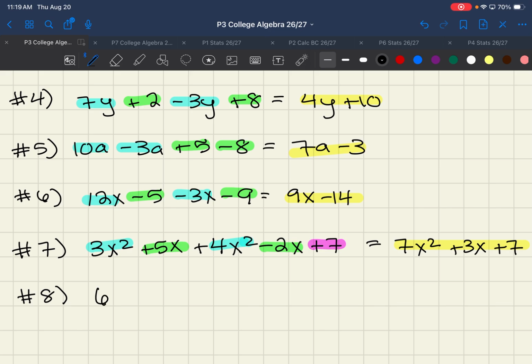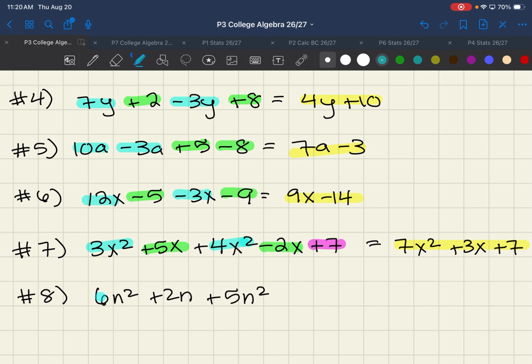Okay, here's 6n squared plus 2n plus 5n squared. Go ahead and take a moment and do that one. So for this one, are we combining all 3 of those numbers?